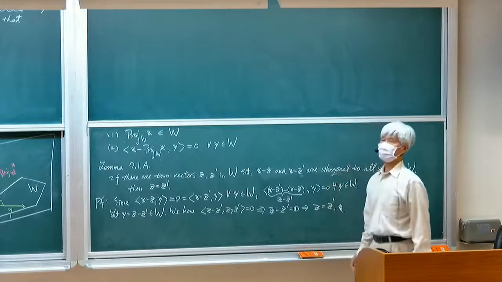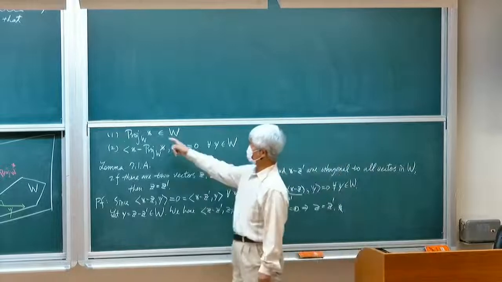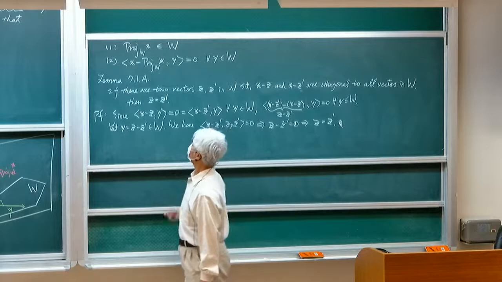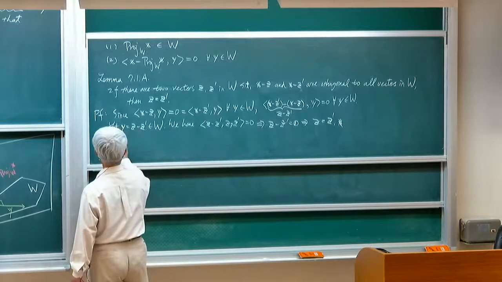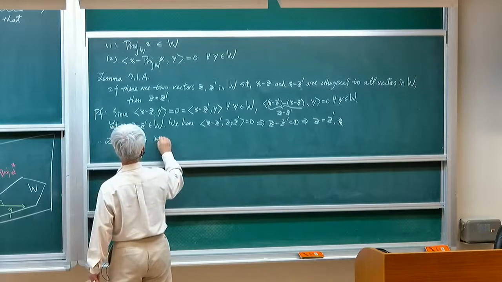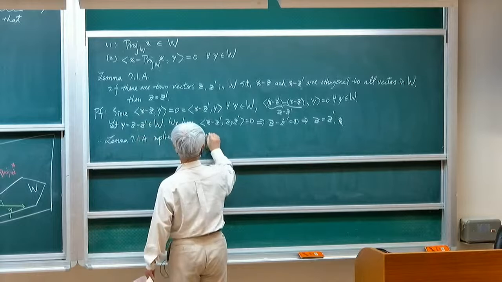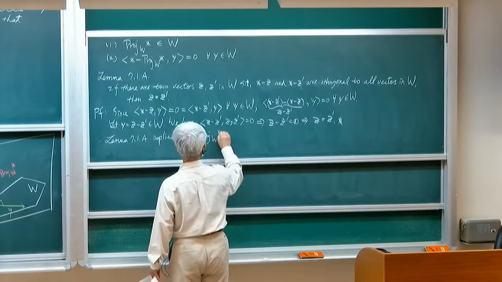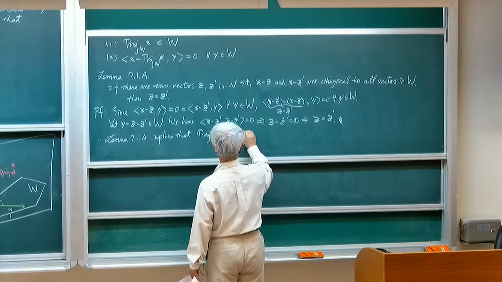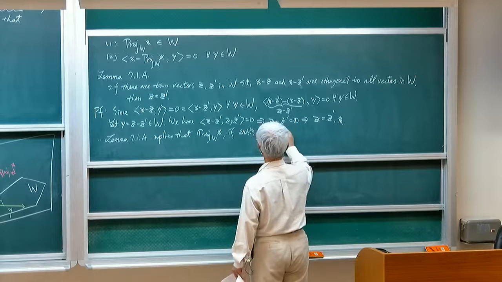So lemma 7.1.8 implies that the orthogonal projection, if it exists, must be unique.